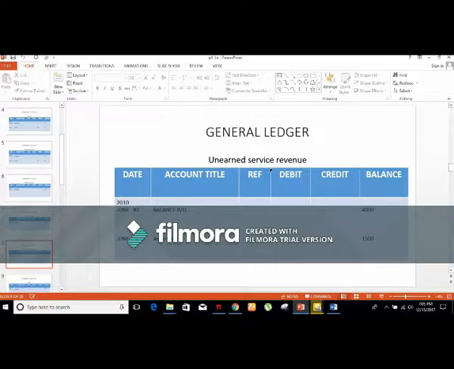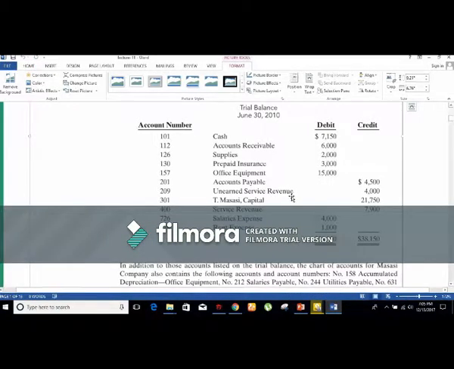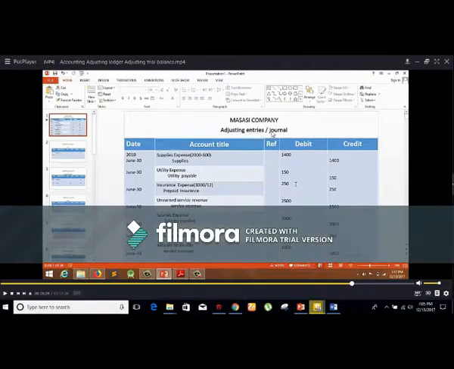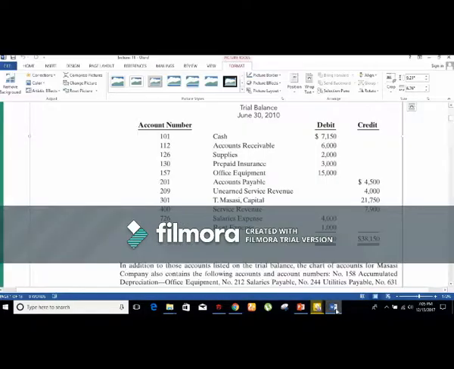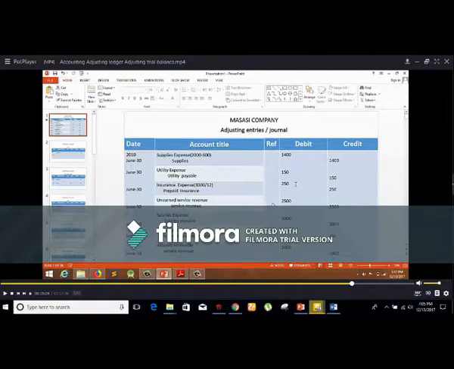And the next one is unearned service revenue. Here unearned service revenue is given as a credit balance, which is 4,000. Now let's see in the adjusting journal, is there any entry like unearned service revenue? Yes, here it is. It's a debit entry. So we can write unearned service revenue 4,000 as balance and 2,500 as adjusting.